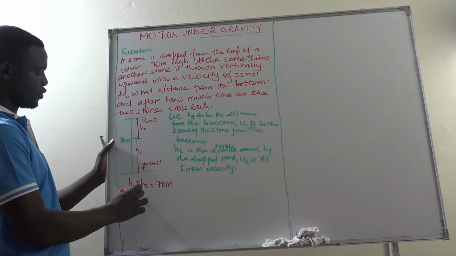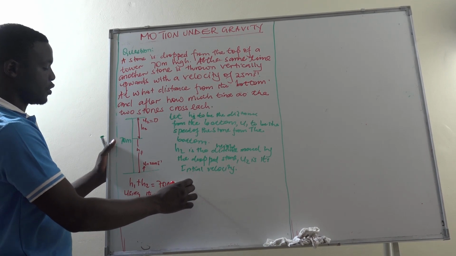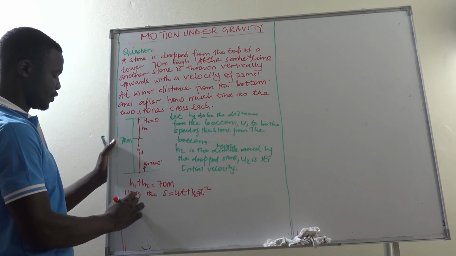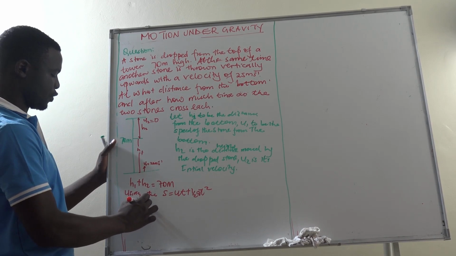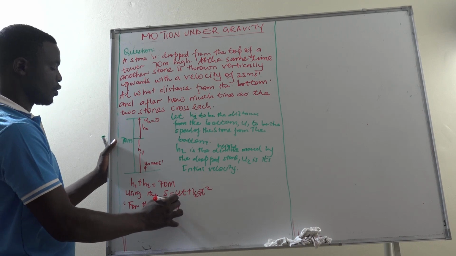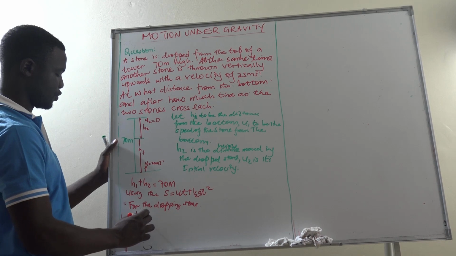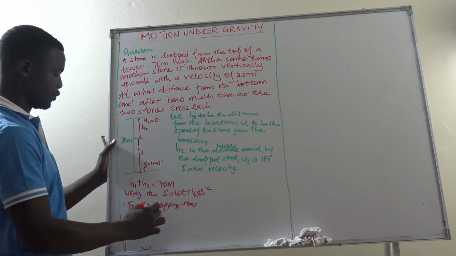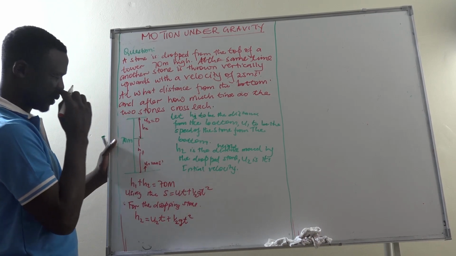We use the equation S is equal to UT plus a half AT squared, which becomes, for the dropping stone, H2 is equal to U2 T plus a half GT squared.